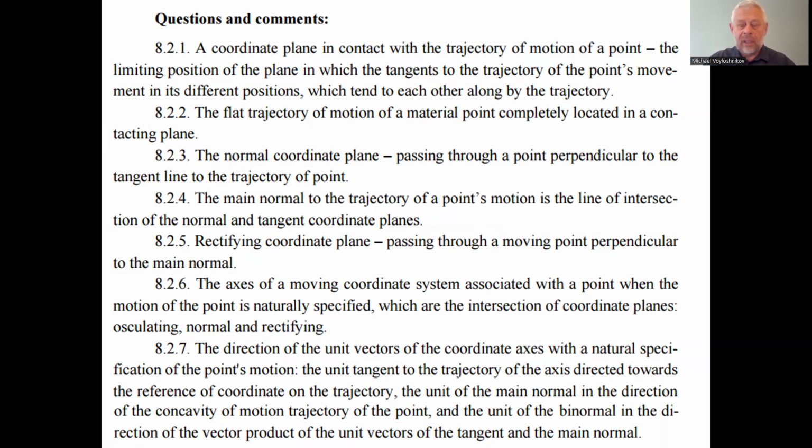Two vectors, if they intersect and are inclined to each other, can define the plane in which these two vectors lie.